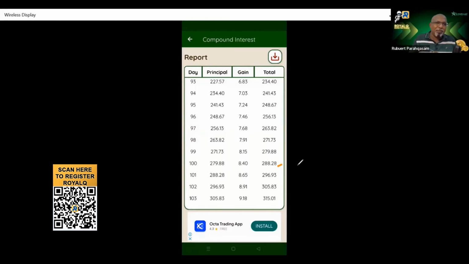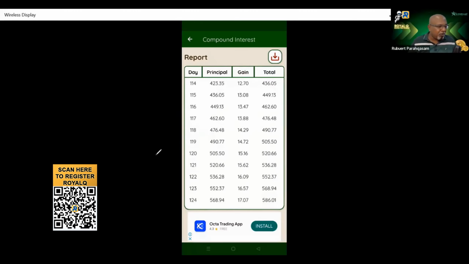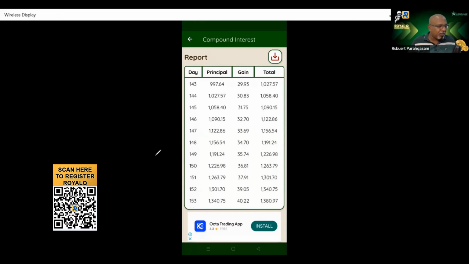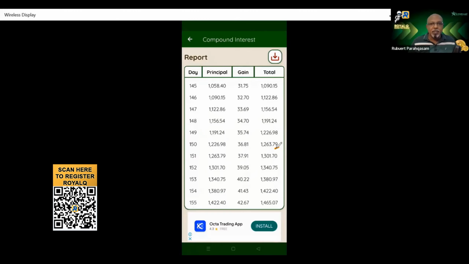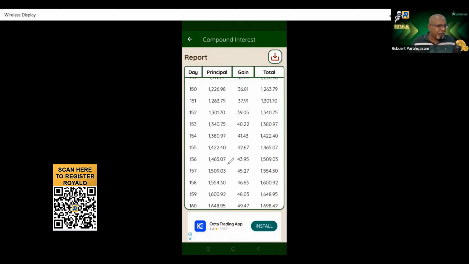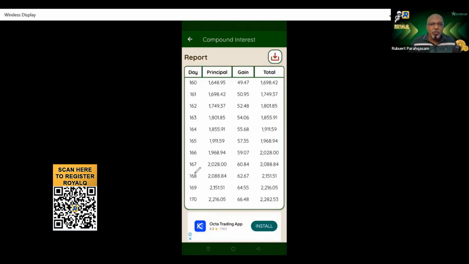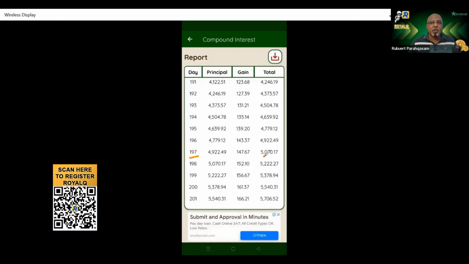All right. So now let me just clear this. Let's see what happens on your 150th trade. At the 150th trade, you're above $1,000, and you're still compounding. By the time you do your 166th trade, you're above $2,000. By the 197th trade, you're above $5,000. Let's carry on.